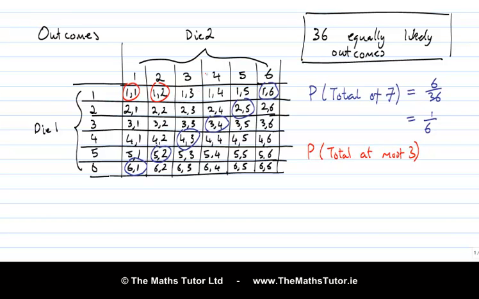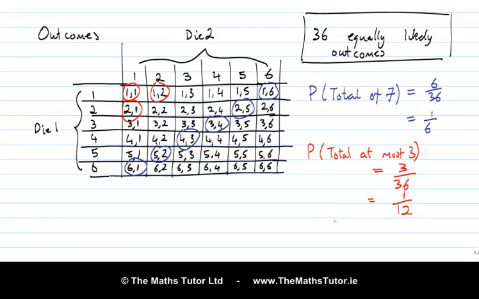What about 2 and 1? That works. And that's it. Every other outcome gives a total of at least 4. So these are the only 3 outcomes in our event. So there are 3 outcomes here and a total of 36 outcomes. So this probability is 3 over 36, which is 1 over 12.